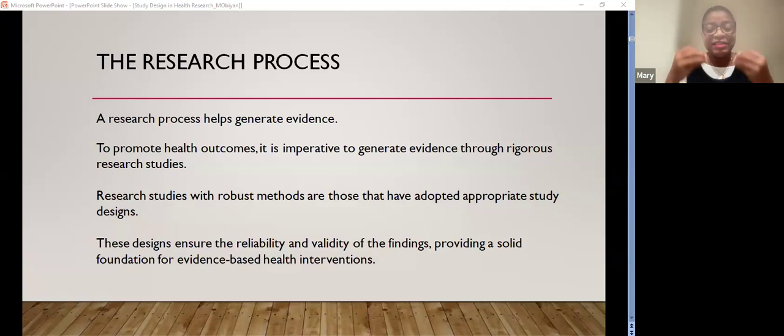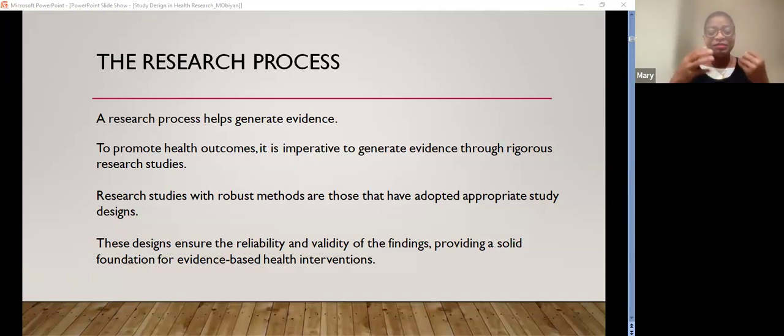So you need to get this evidence so when you're talking, you understand what you say. And then you can say 10% of this risk is not just about 10%. It actually amounts to millions of people. And this is significant. So before you could say something significant or very important, you need to get the evidence from rigorous study. To promote health outcomes, it's important to generate evidence.